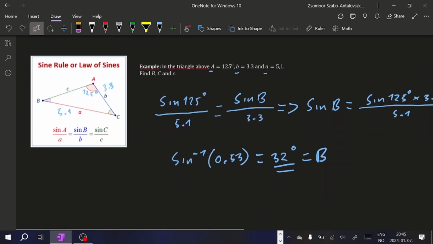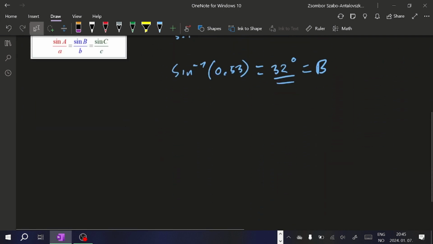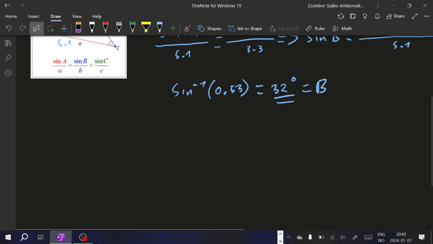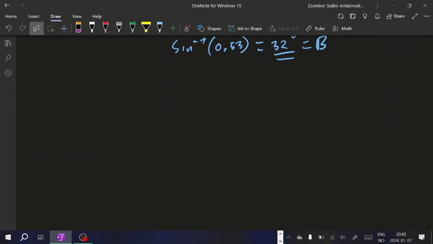But now they want us to find C. We don't need to mess around with the sine rule anymore for this one, because it's a simple rule that all angles add up to 180, and this is not just the case for this triangle but also for other triangles. We have 125 and we have 32 degrees so far, both degrees.